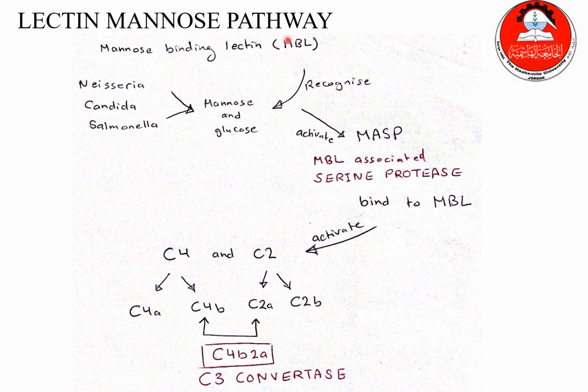So mannose binding lectin is going to bind to mannose in these bacteria, and it's going to recognize the mannose in these bacteria, and it's going to activate the mannose binding lectin associated serine protease أو اللي اسمه MASP اللي هو mannose binding lectin associated serine protease.